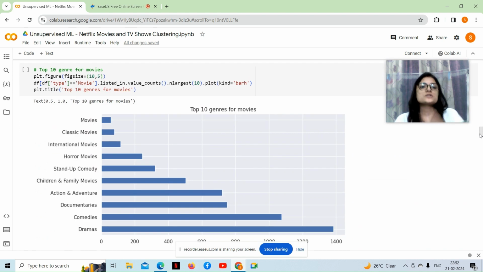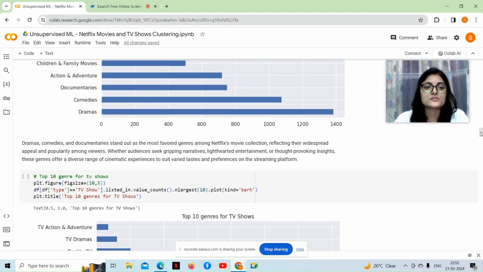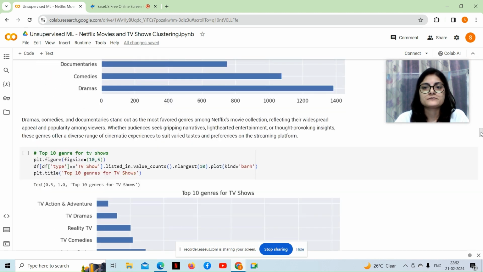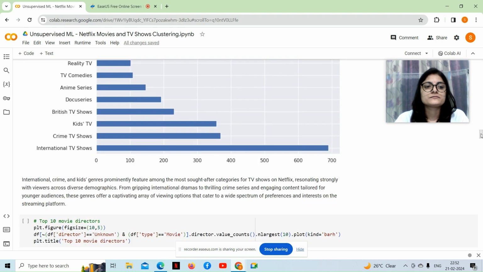Next is the top 10 genres for the movies. What are the top 10 genres for the movies? These are dramas, comedies, documentaries. And the top 10 genres for the TV shows are international, crime, and kids genres.